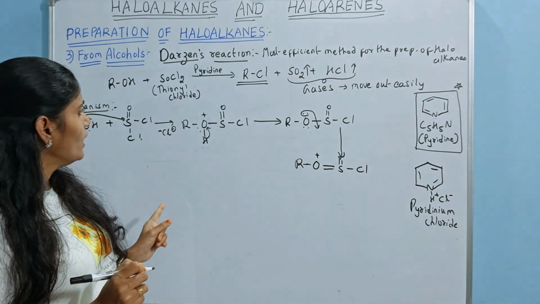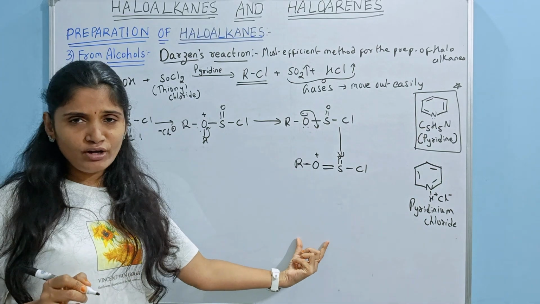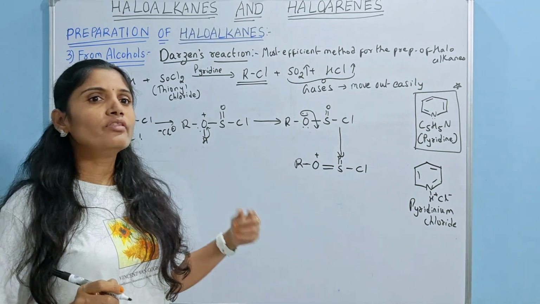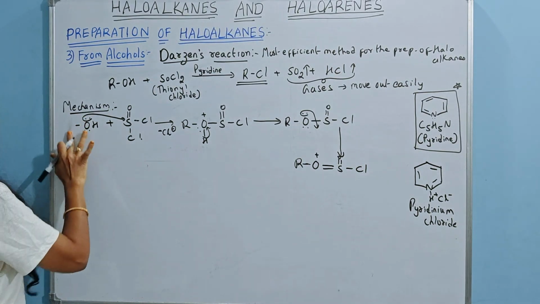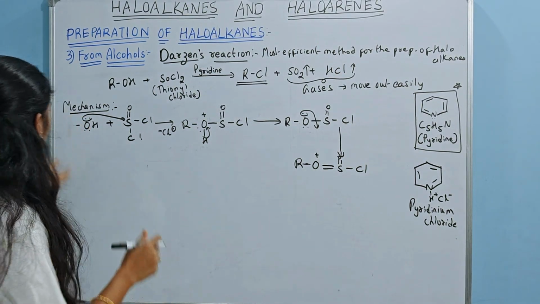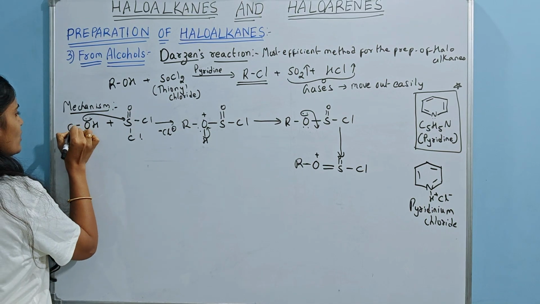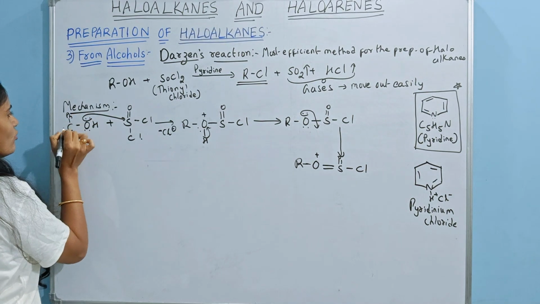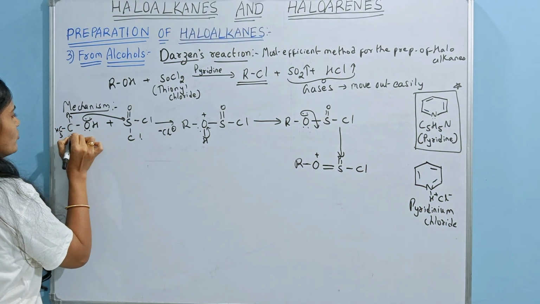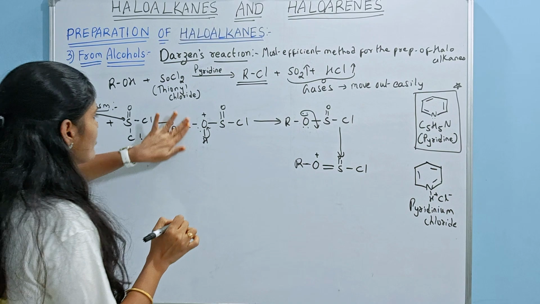Now let me explain the mechanism in this way. Let me take a compound which has a chiral carbon so that you understand these things better. That is better. Then you will have a lot more clarity on how this process is happening. Give me a second.